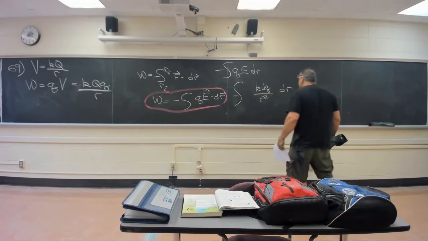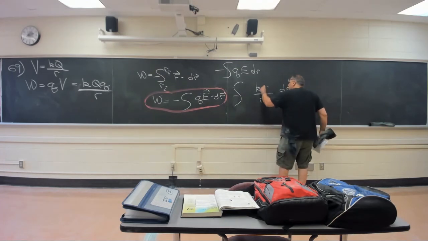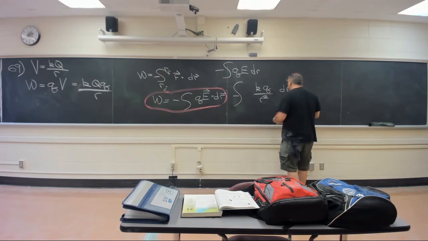It's a little crazy. However much charge you have on there is Q, and as the E field varies, you have the dq on there.